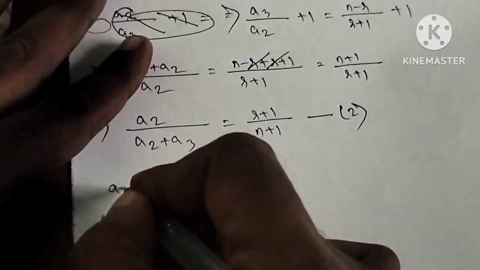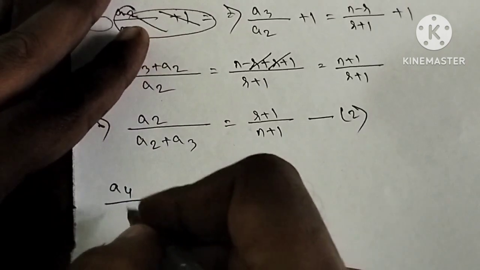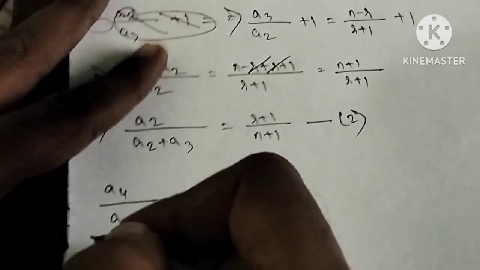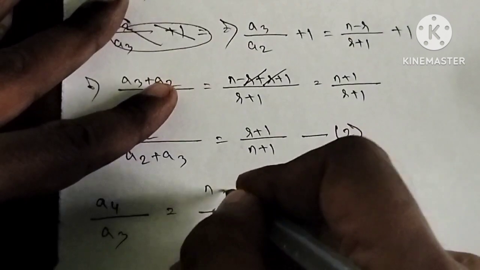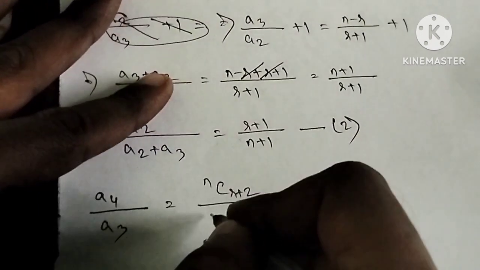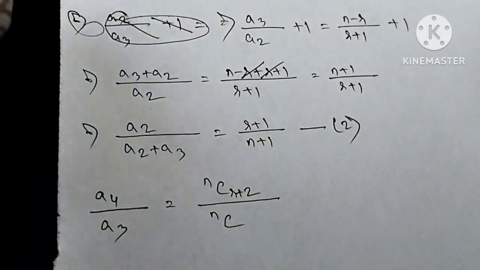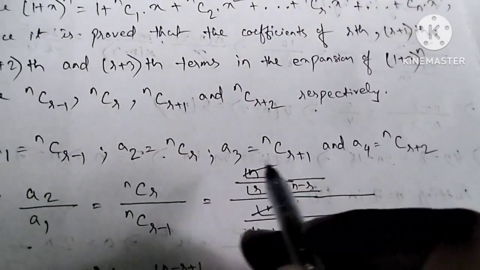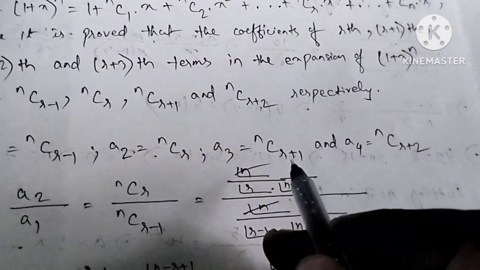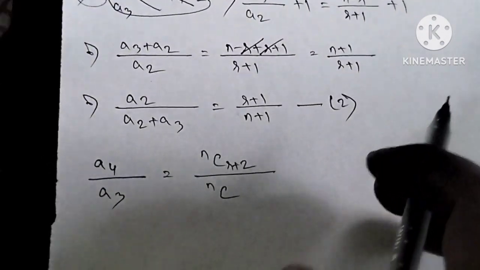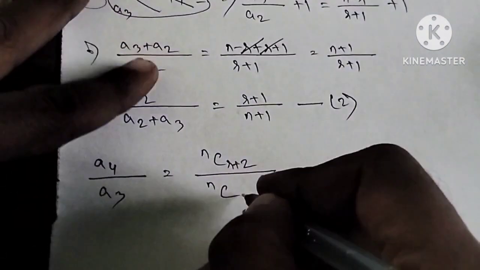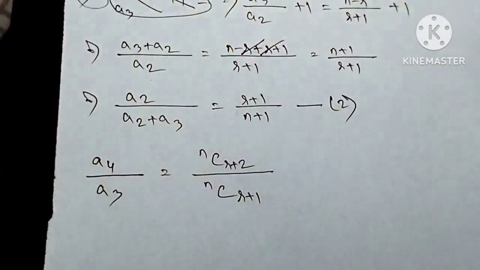I will do a4 by a3. So what was a4? a4 was nCr+2. So nCr+2 by nC, a3 was nCr+1.